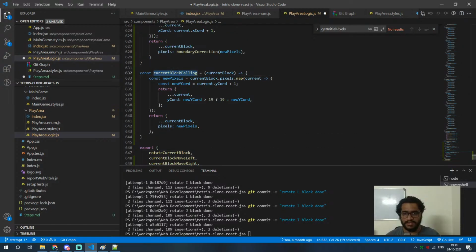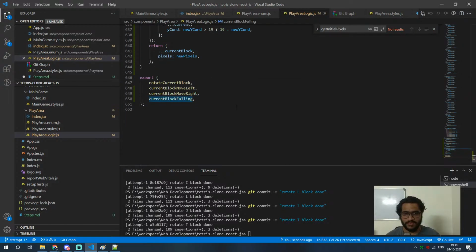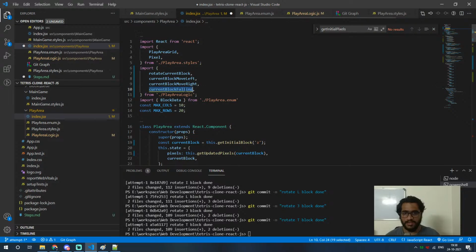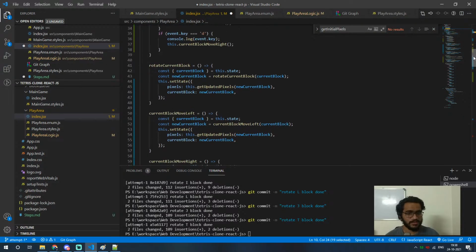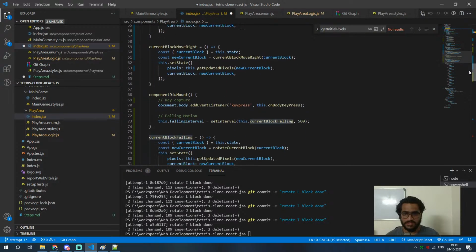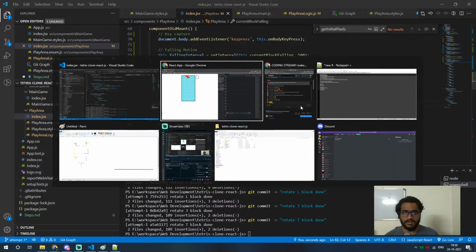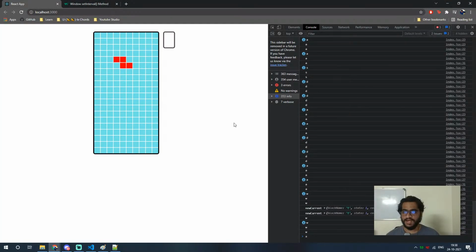So I have just exported that function here. I'll just copy it and import it from here, and then just use it here. Nice.